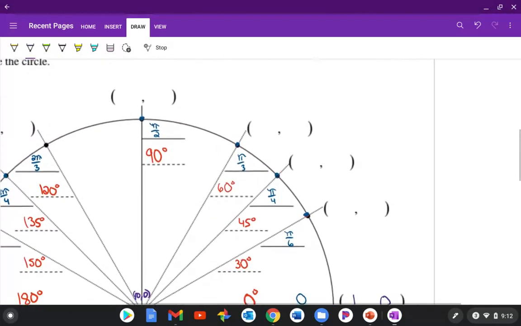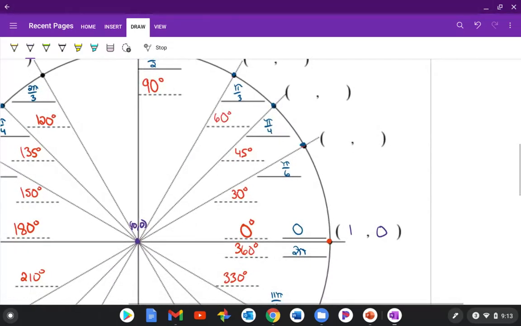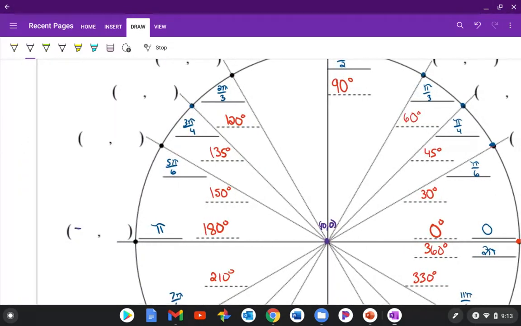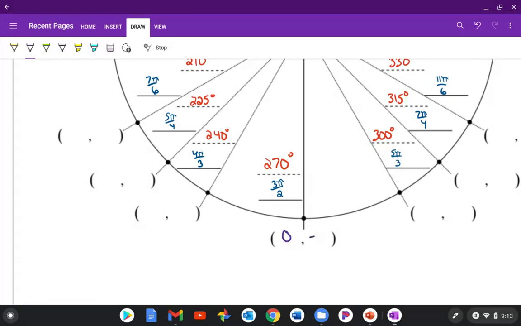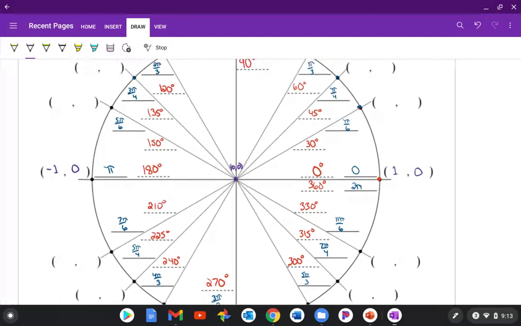Up at the top, that would be 0 in the x and 1 in the y. Over here, that's going to be negative 1 in the x and 0 in the y. And down here is 0 in the x and negative 1 in the y. So those are the easy coordinate pairs, because again, think about the center of this circle being on the origin.